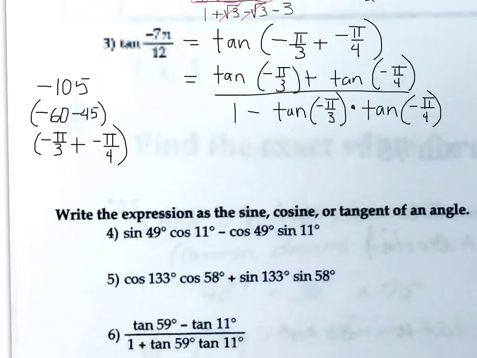Now we have to get those values. We need to know what is tangent of negative 60 and negative 45.